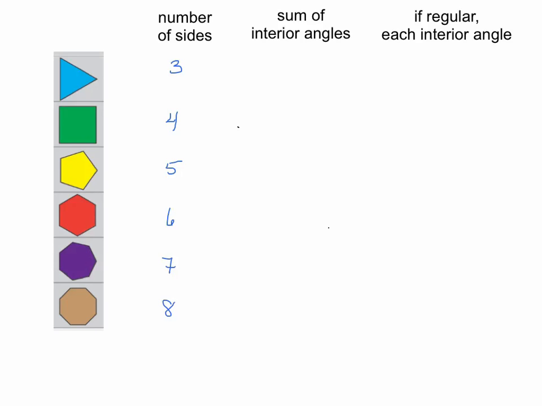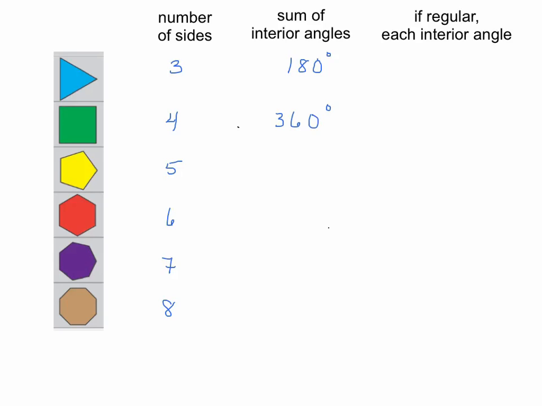In the next column, I want to record the sum of all the interior angles. And as you well know, for a triangle, the sum of all the interior angles is 180 degrees. And then for a square or any 4-sided shape, the sum of all the angles is 360 degrees. But you might not know offhand the sum of all the angles in a pentagon. And the way to figure it out is to break the pentagon into triangles.